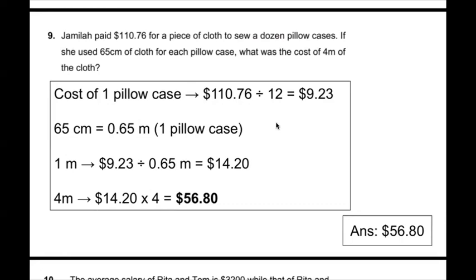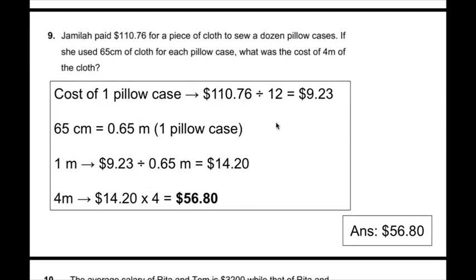Okay, now, so what's another way to solve it? Okay, so you can solve it using the length instead. Your first step is to find out the amount that's used for 1 dozen pillowcases.